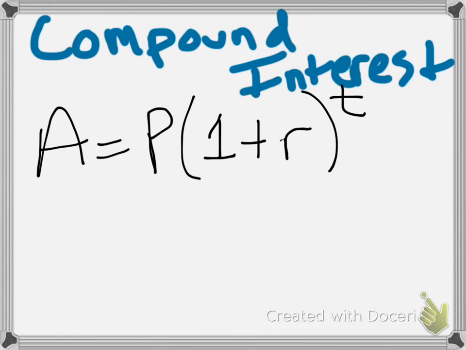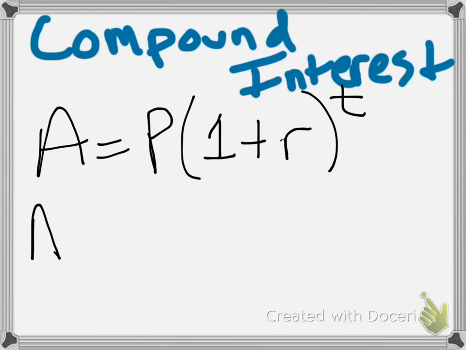Today what we learn is compound interest, and we've got a new formula that is A equals your principal times 1 plus your rate as a decimal, and then raised to the power of t, which is your time.